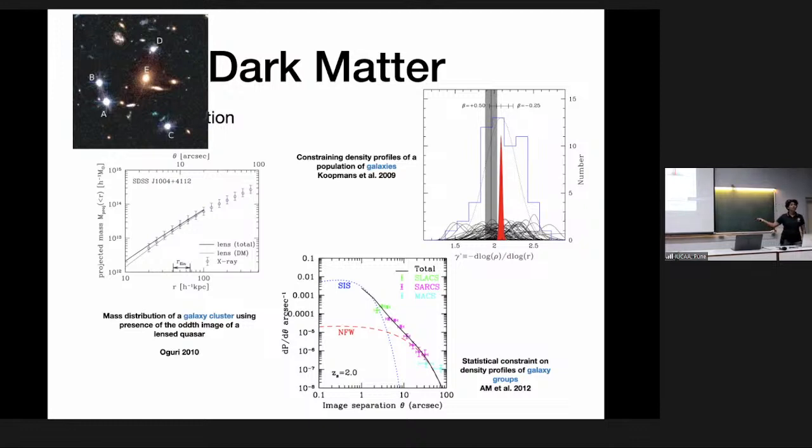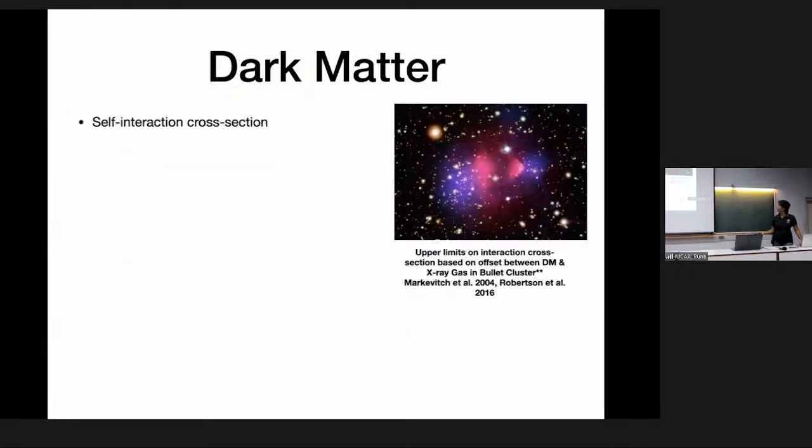And so if we have this kind of system, we can better measure the density profile compared to any other methods. Many of the methods don't allow you to go to such small radii closer to the lens center. So this is another way we can make use of strong lensing.